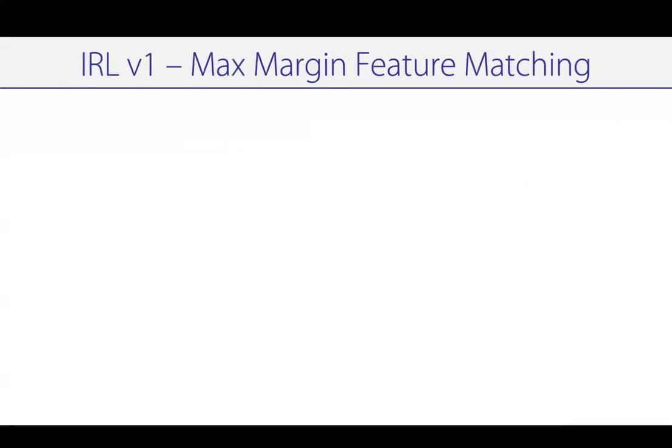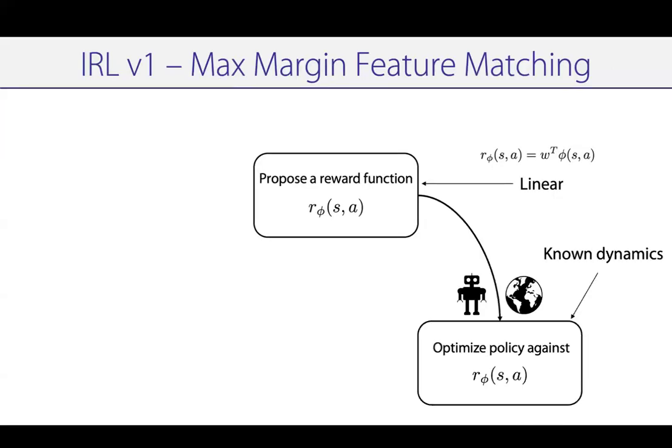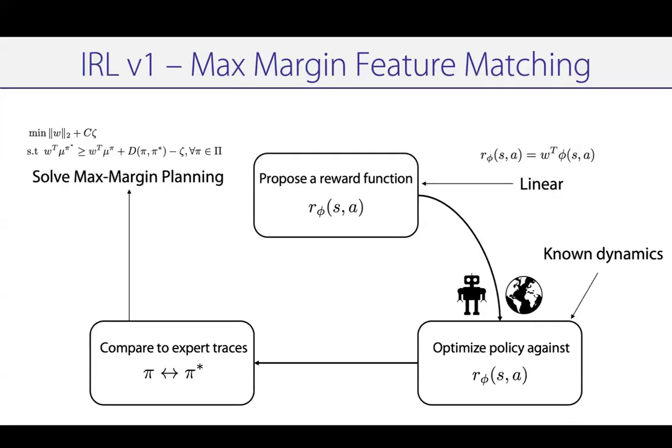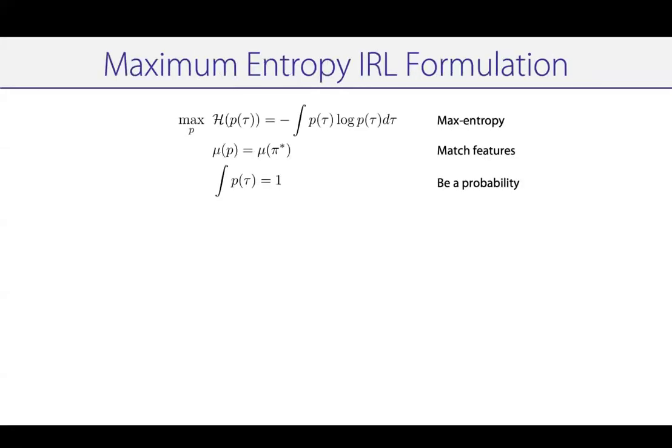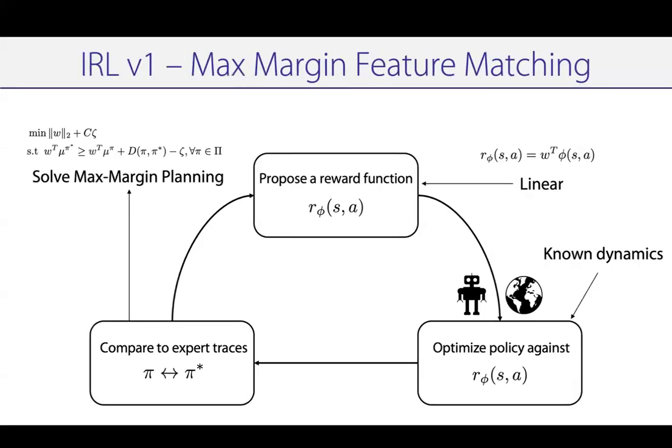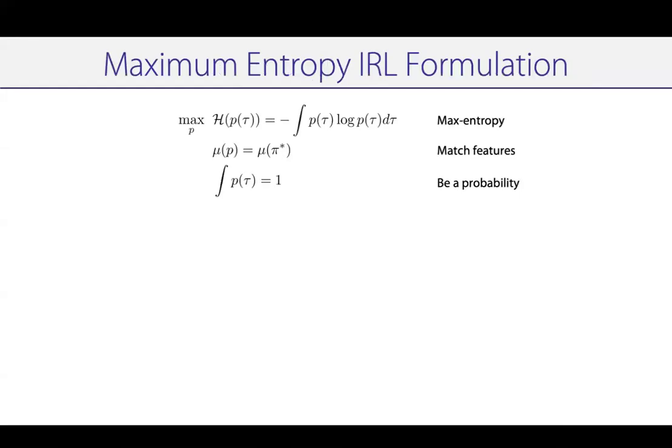Maximizing margin. And then we went through, okay, so this gives us an algorithm which says you get a reward function. You then solve this constraint optimization problem. Constraint optimization you can solve with a convex solver. It's a linear problem, and then you repeat. And so the challenge with this objective is that you have to solve this constraint optimization problem. Hard to do with neural nets, hard to do with gradient descent. And so what we did instead was we tried to derive it from the perspective of maximum entropy.